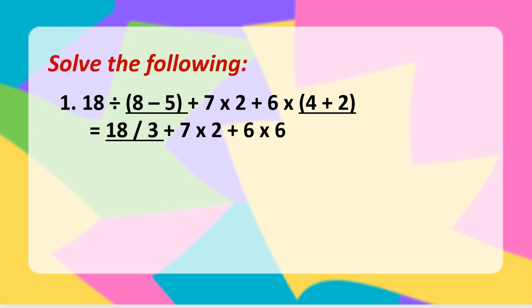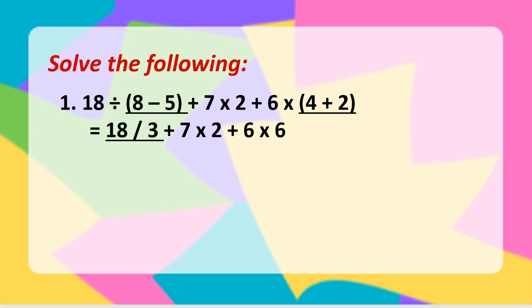So we need to get the difference and the sum. So the difference of 8 and 5 is 3. The sum of 4 and 2 is 6. So the next number sentence would be 18 divided by 3, which is the answer to the difference of 8 and 5, plus 7 times 2 plus 6 times the sum of 4 and 2, which is 6.